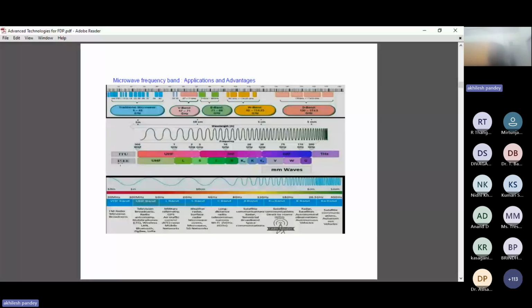K band is for radar, satellites, astronomical observation, and autonomous vehicles. And for Ka band, people are working on it right now, also for satellite communication. These types of devices are very well used right now.